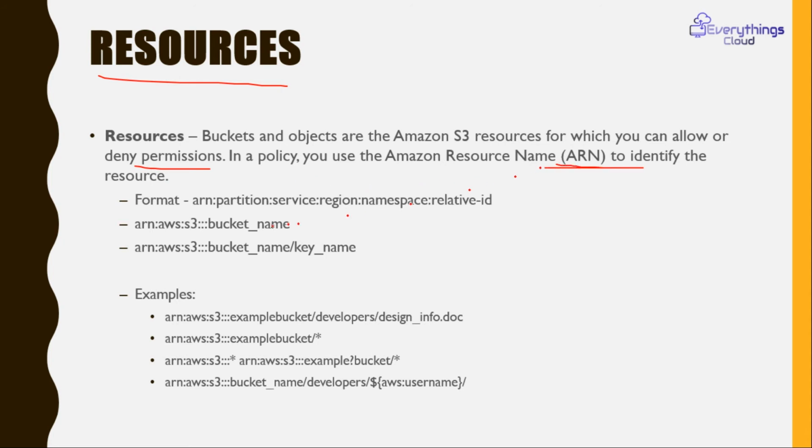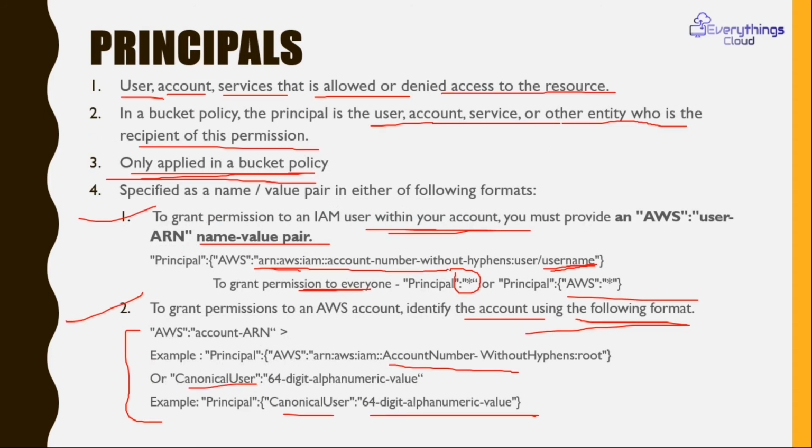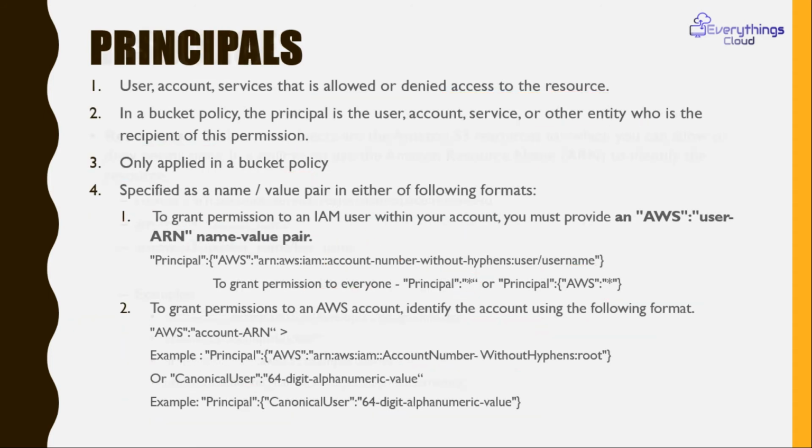This is the format: it has arn, then the partition is aws, the service is s3, then you can define the region also, then you have to define the bucket name and related ID. In principal you have a double colon, but in resource you have a triple colon.